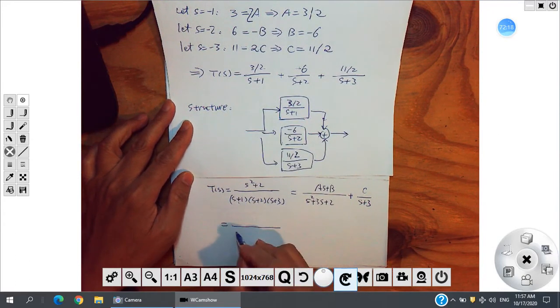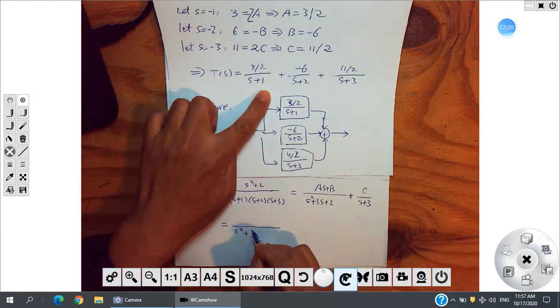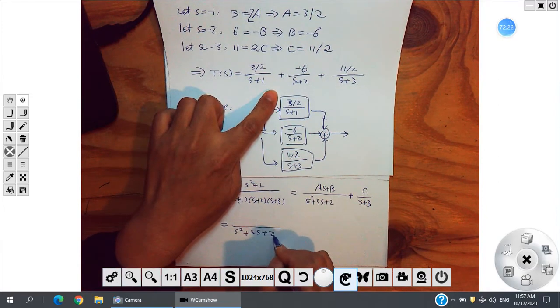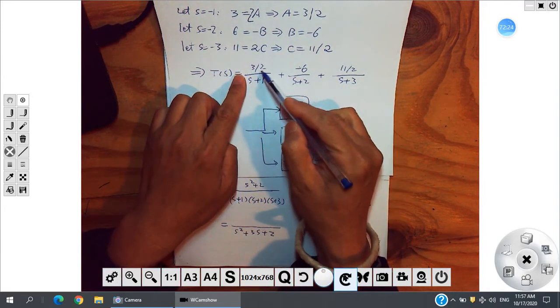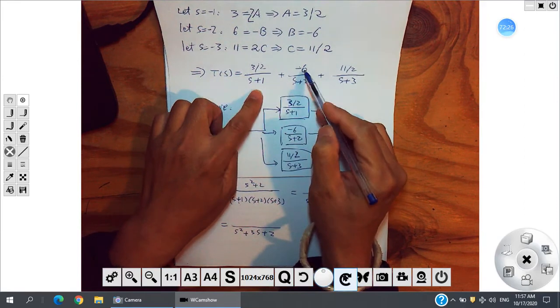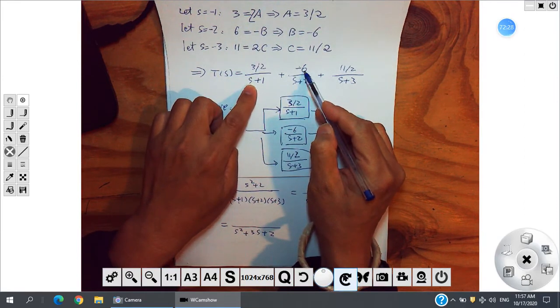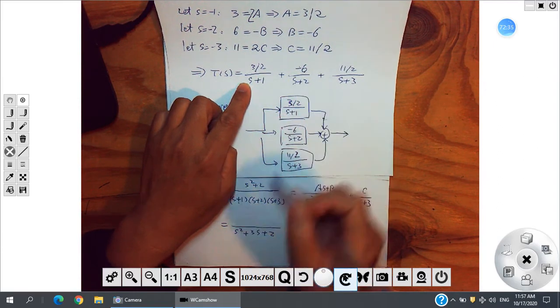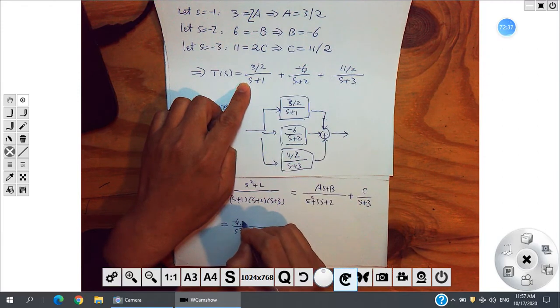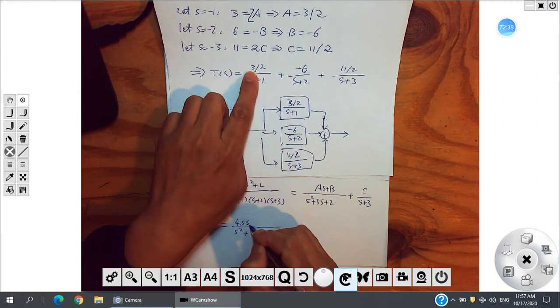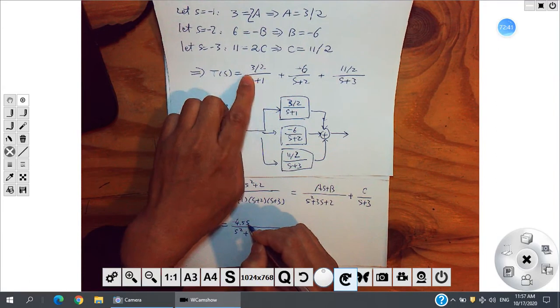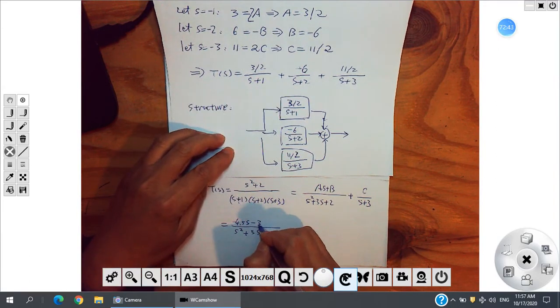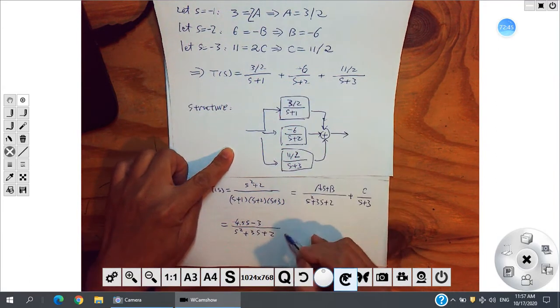Here's S squared plus 3S plus 2 in the denominator, and the numerator is 3 over 2 times these minus this one times these. So I have negative 6 and positive 1.5, so I have negative 4.5 S. And 2 of these is 3. 3 minus 6 is minus 3. Right. This one, the first part. The second part is the same thing.